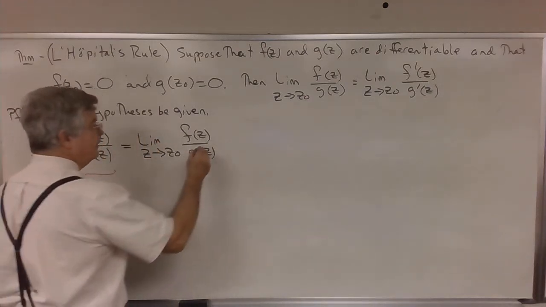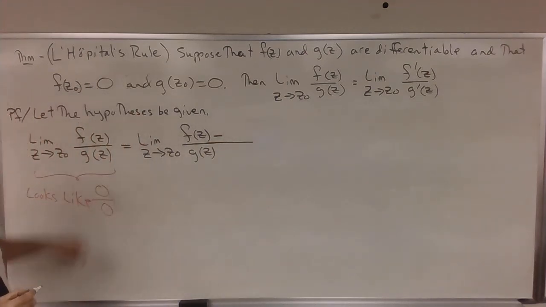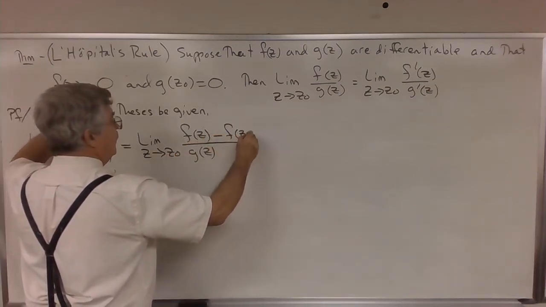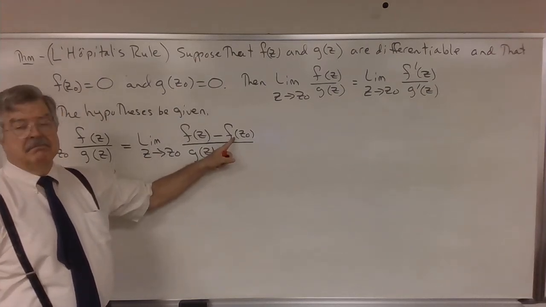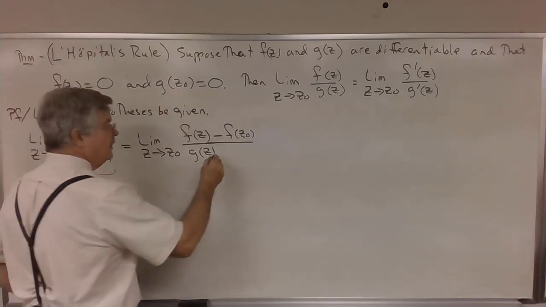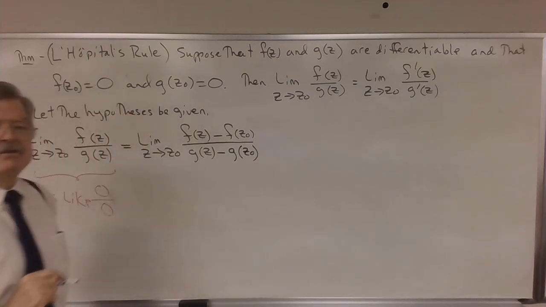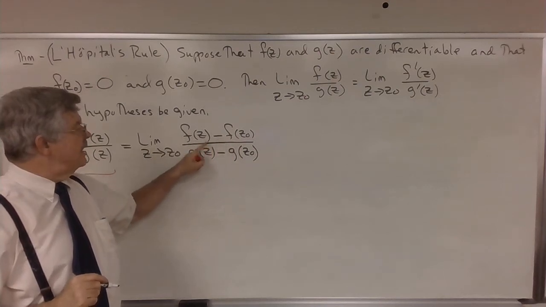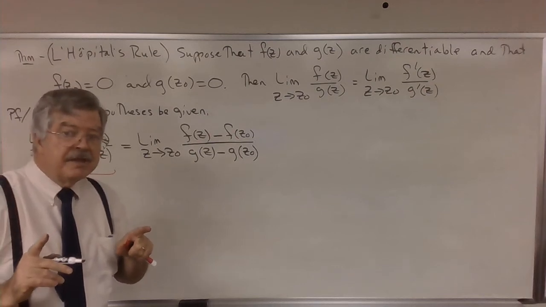Silly me. f of z naught is 0, so I can just add that here, can't I? After all, it is 0. And g of z naught is 0, so I can throw that in here. Haven't changed anything, have I? I'm just subtracting 0 from the top and subtracting 0 from the bottom. I haven't changed anything other than the appearance.